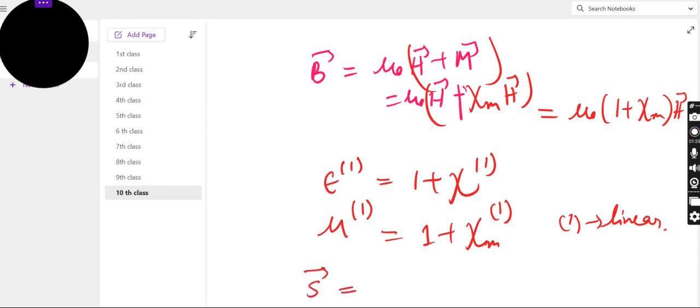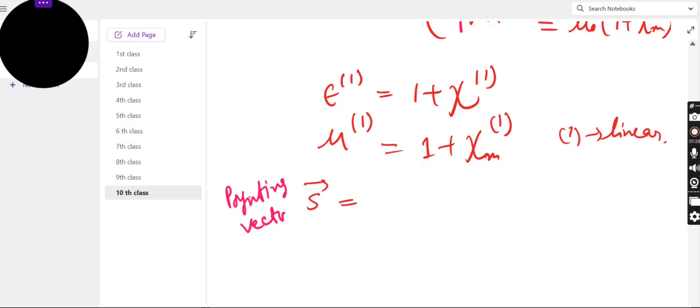And there is a Poynting vector, basically E cross H. And there is what is called energy density.